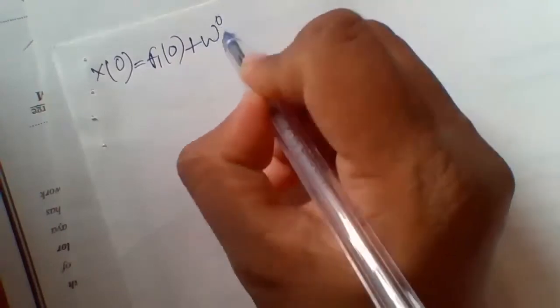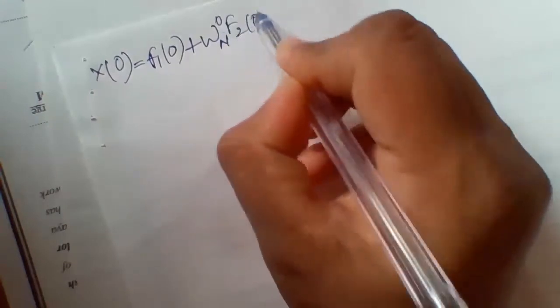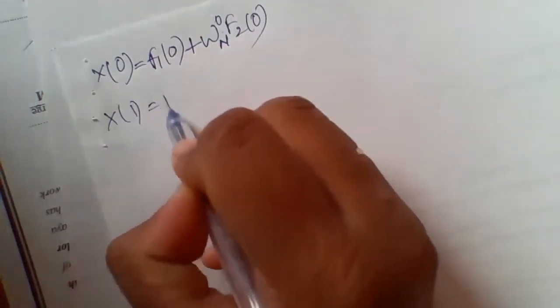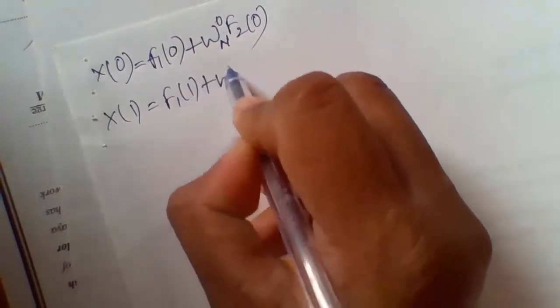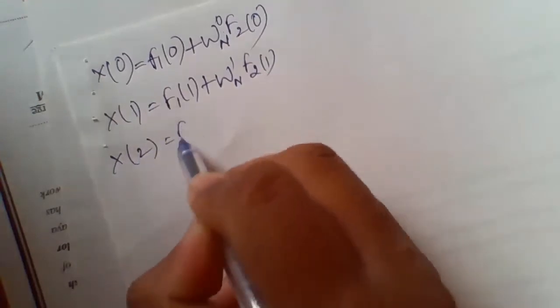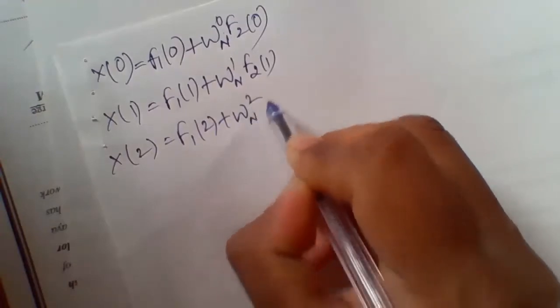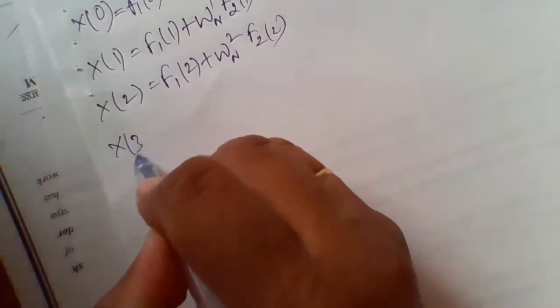So first I am writing the x of 0 value. x of 0 is equal to f1 of 0 plus w raised to 0, suffix n, into f2 of 0. Similarly, I will write x of 1: f1 of 1 plus w raised to 1, suffix n, f2 of 1. x of 2, same: f1 of 2 plus w raised to 2, suffix n, f2 of 2. x of 3.